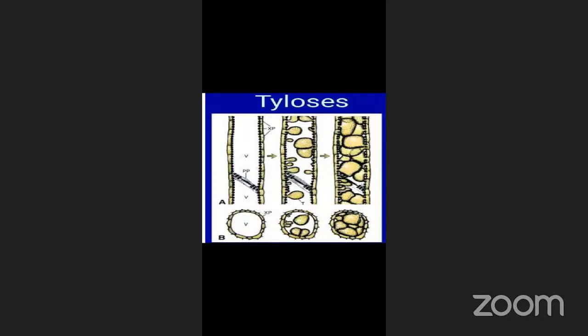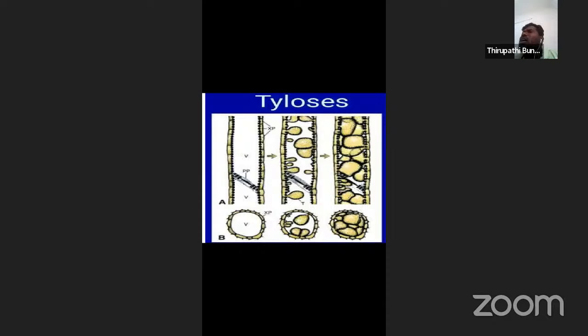Excuse me, sir. Sir, I did not understand tylosis, sir. Tylosis is an outgrowth of the vessel lumen. Lumen is a type of empty space in the vessels. Vessels are present in heartwood.